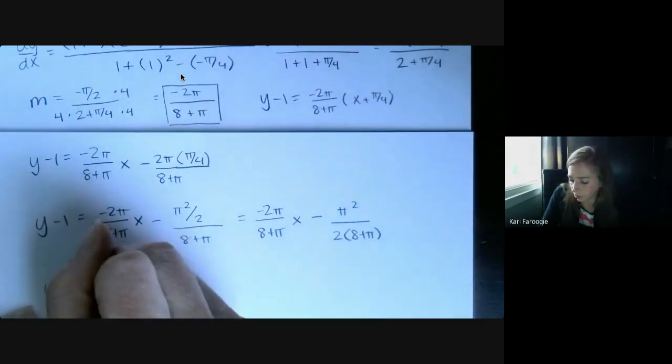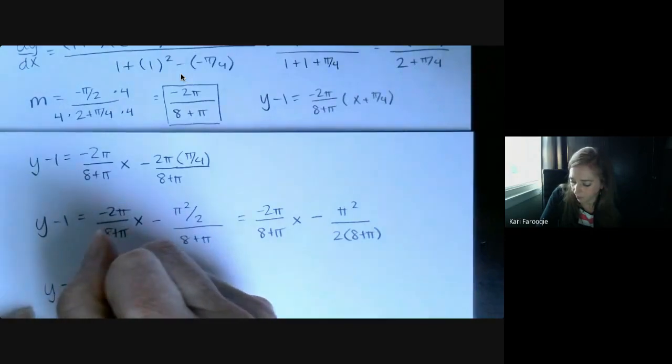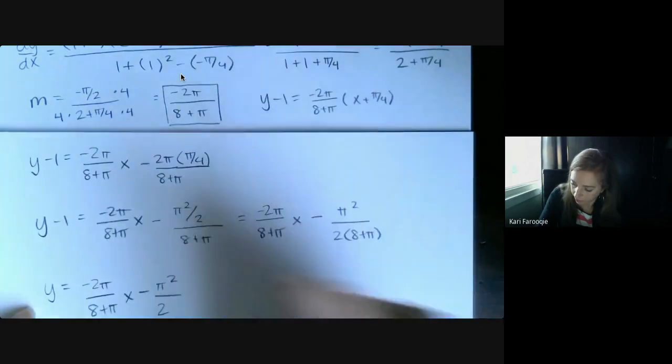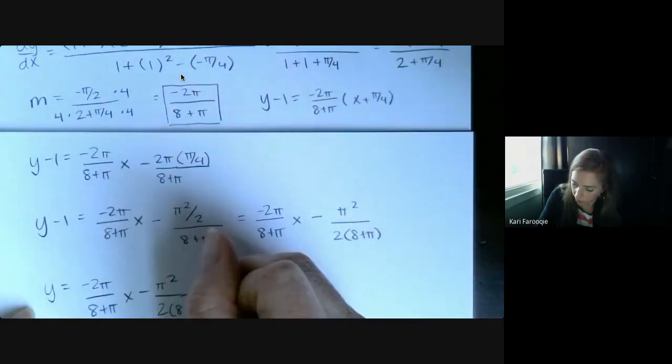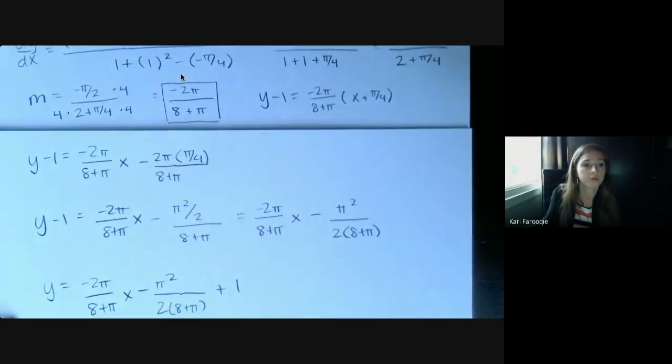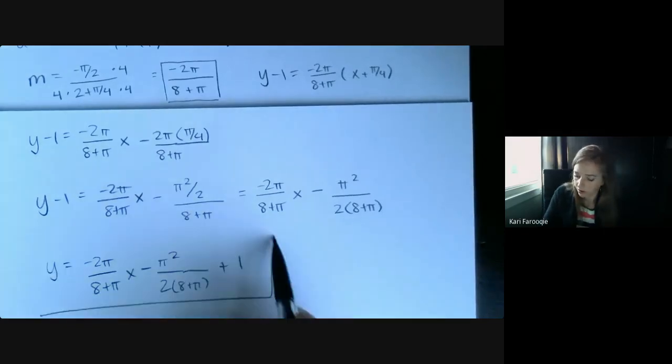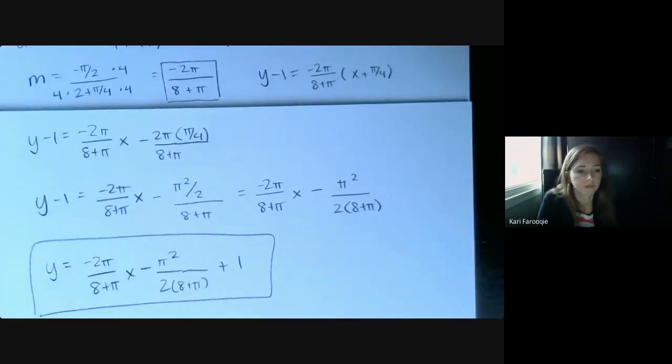It already looks super crazy. Don't feel like you have to distribute here. I'm not super hung up on this. The nice thing is you could check it online, verify that that is indeed the equation of the tangent line. Yep, negative pi over 4, 1.